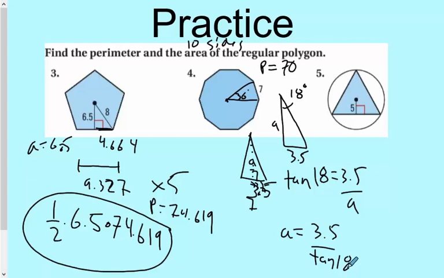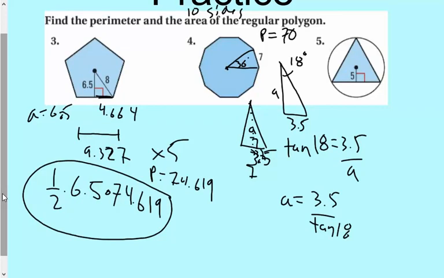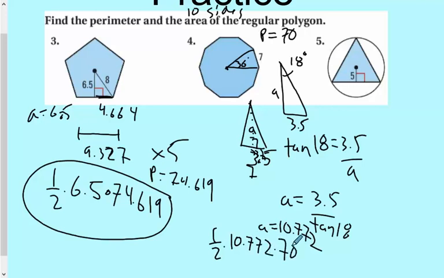So 3.5 divided by tangent of 18 is 10.7718. So A equals 10.772 if I round to the nearest thousandths. Okay, and now I have 1/2 times apothem times perimeter. And there you go.